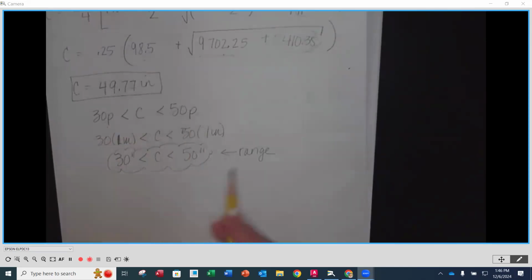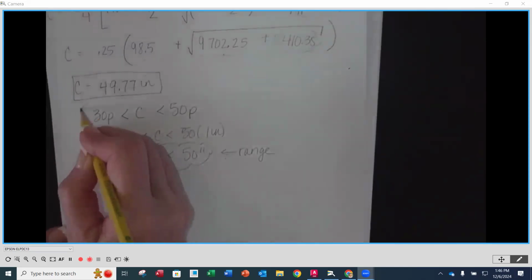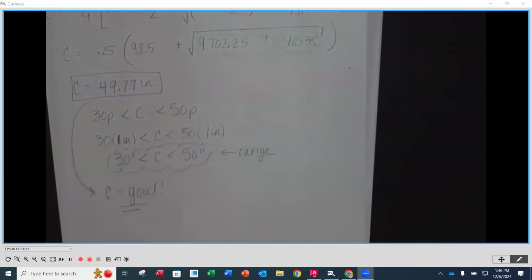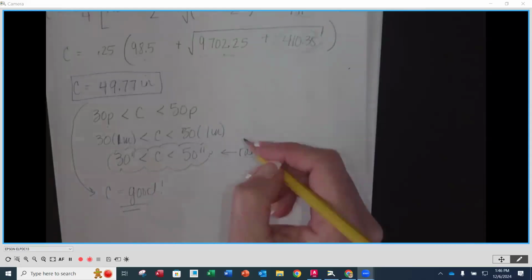So this is our range. So when we compare it, you could say center distance is good, because it falls in between these two numbers. Okay, and that's what it means by compare it to the ideal range. This is your ideal range.